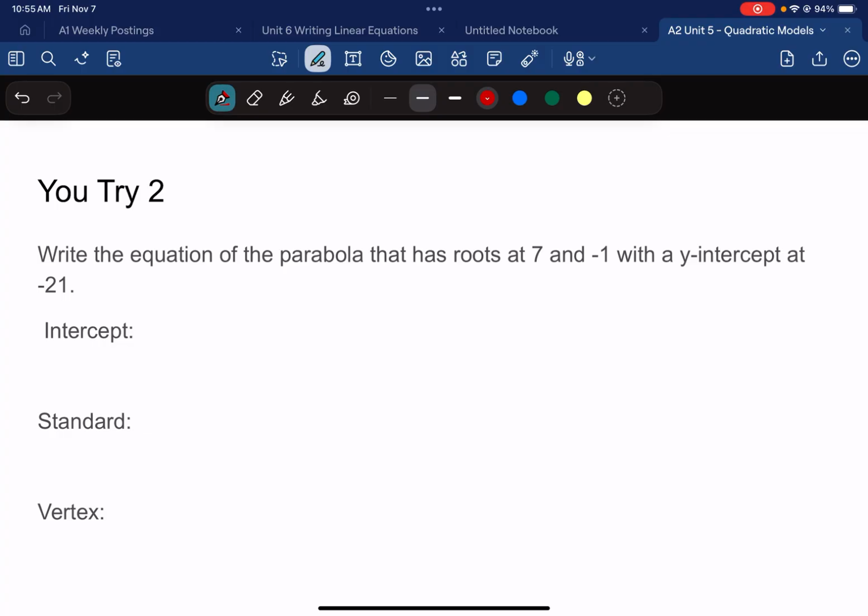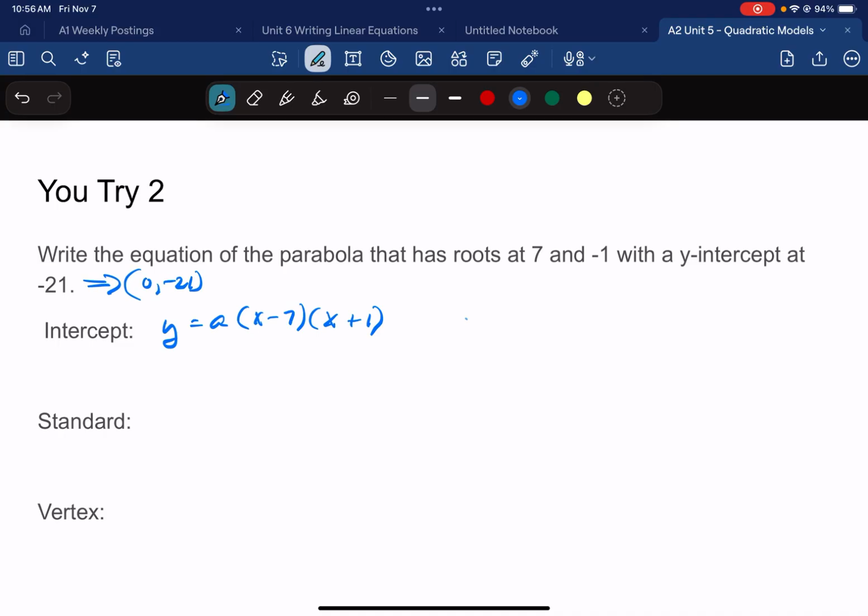Write the equation of the parabola that has roots at 7 and negative 1, and they give a y-intercept. So we know the roots. So if we know the roots, then we're going to do intercept form. So (x minus 7) and (x plus 1). And I need to figure the a value, so I'm going to plug in the y-intercept, which is negative 21. Well, that's really (0, negative 21). That's an xy pair.